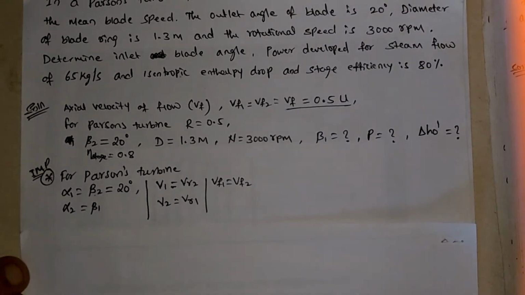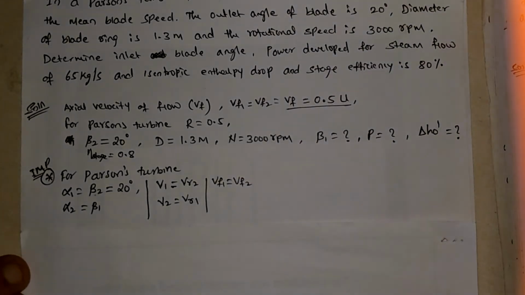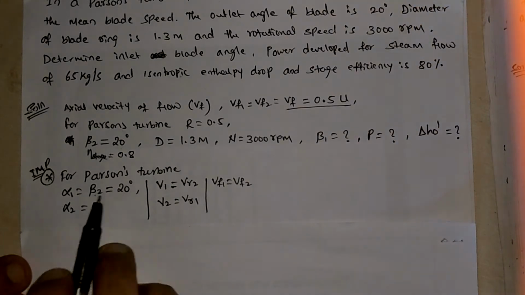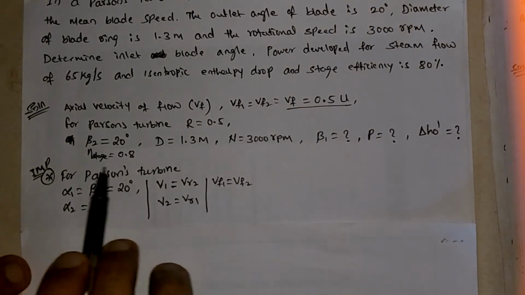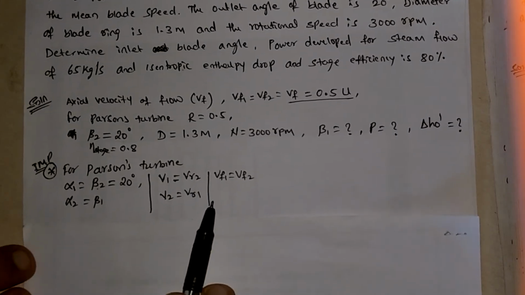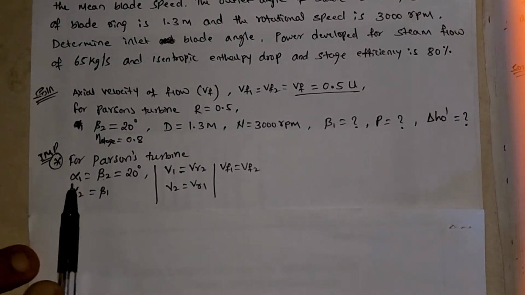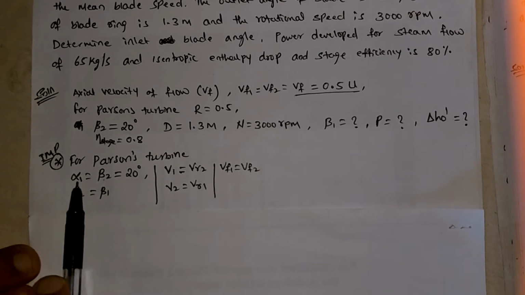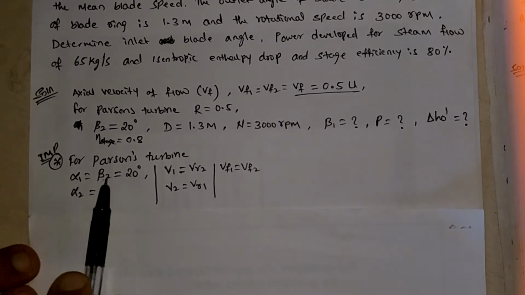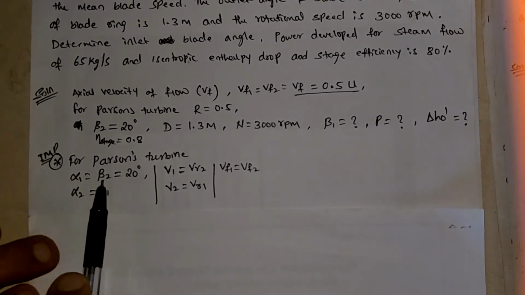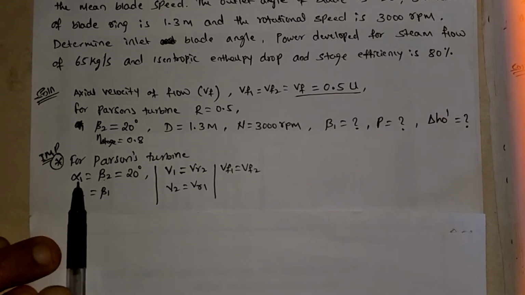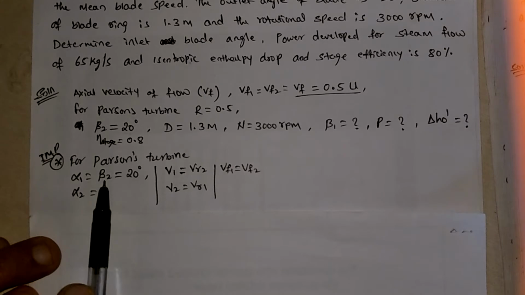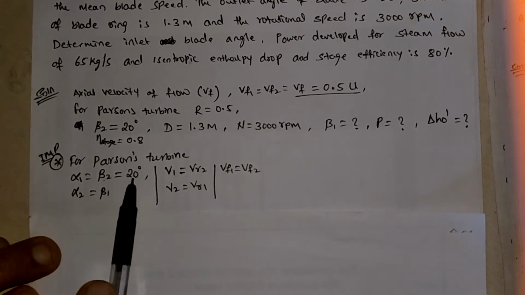For Parsons turbine, already we have discussed this in the previous video. These are the important conditions that are to be imposed. The very first condition is alpha 1 is equal to beta 2. In this problem, the blade outlet angle beta 2 value is given, that is 20 degree.